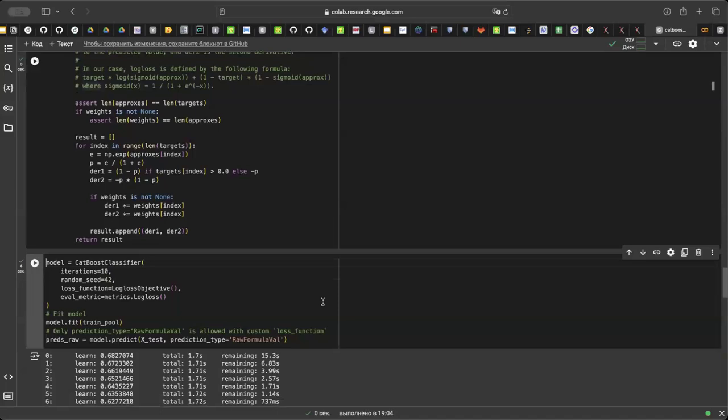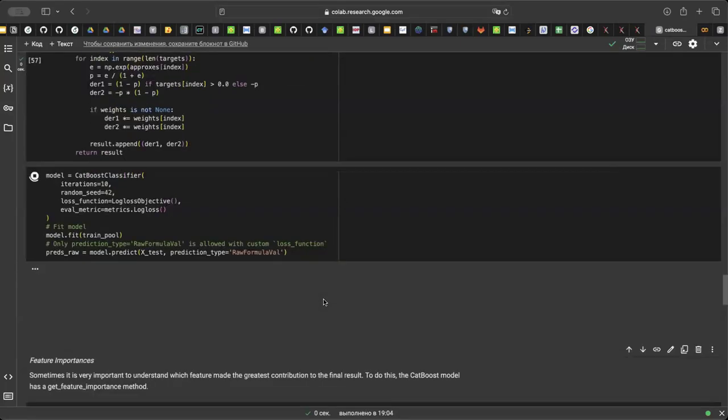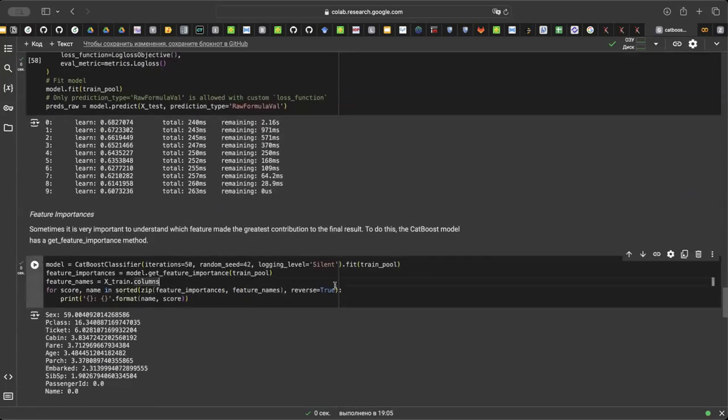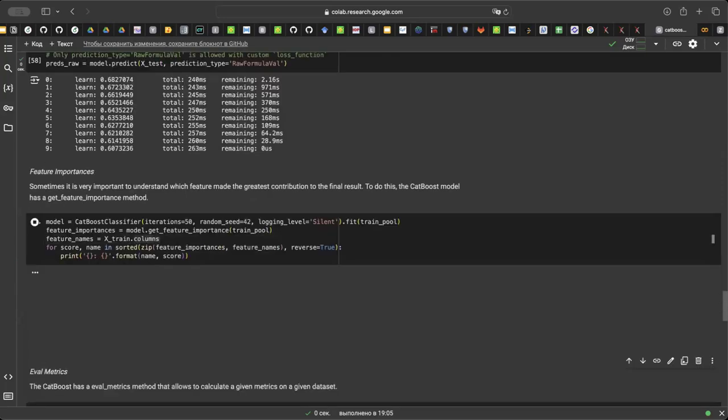And you also can create your custom objective functions. And you can also take a look at which features are more important, considering your model. So here we see that features sex, class, ticket, and cabin are more important, and the others are not that much.